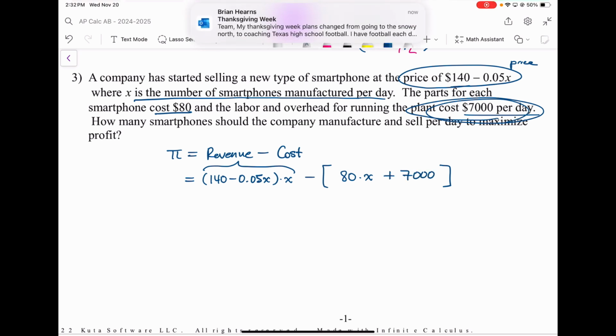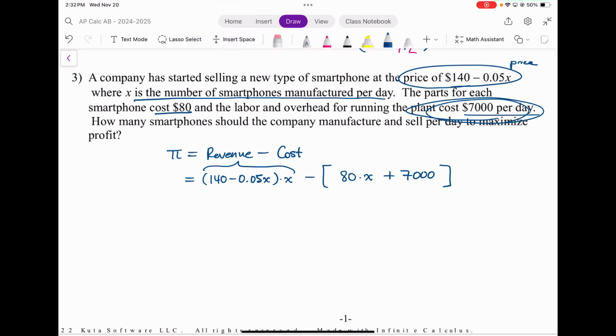So that's what we call the fixed cost, $7,000. And so now we want to simplify this, right? What we have here is pi as a function of x. So that's function notation there, right? They're not being multiplied. And let's simplify it. So we get 140x minus 0.05x squared minus 80x minus 7,000.